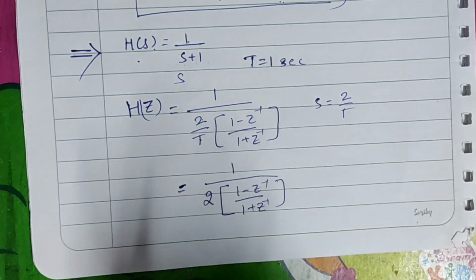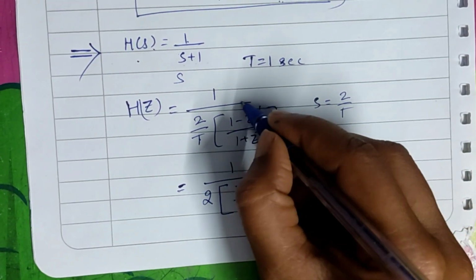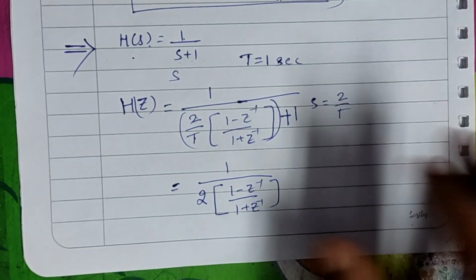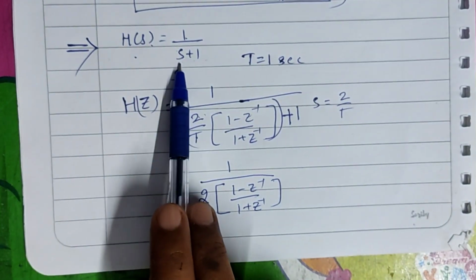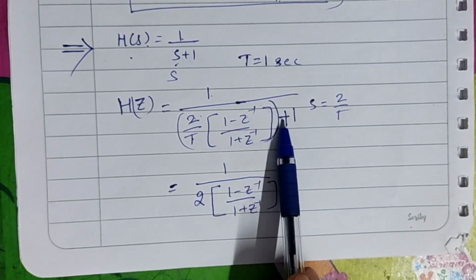In the place of S we have substituted this value, so we have 1 divided by S plus 1.